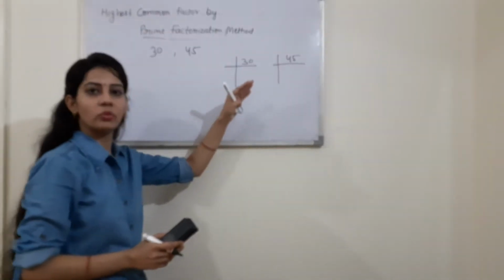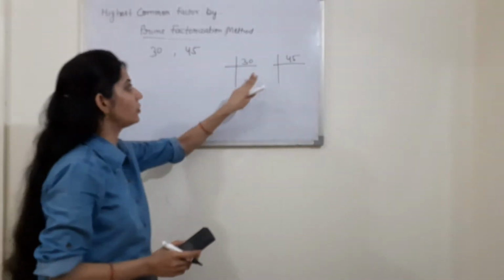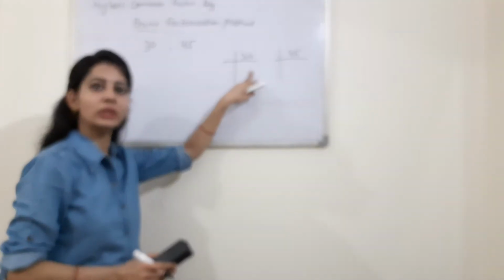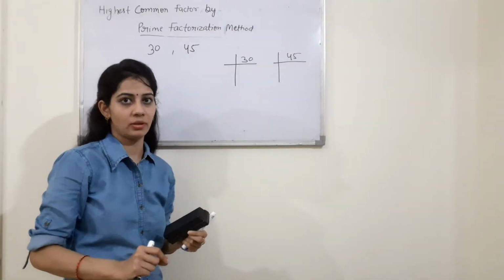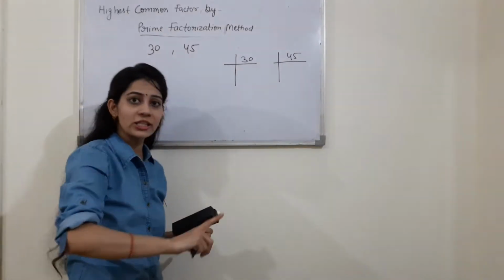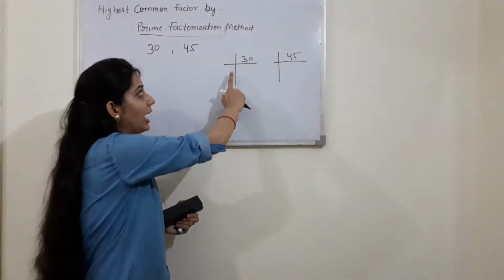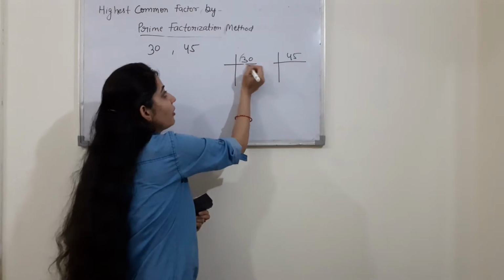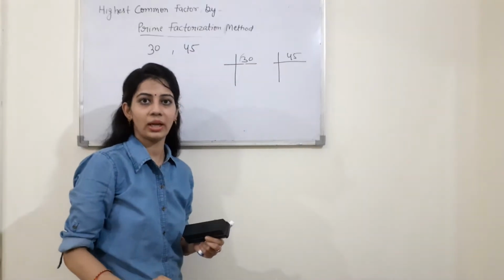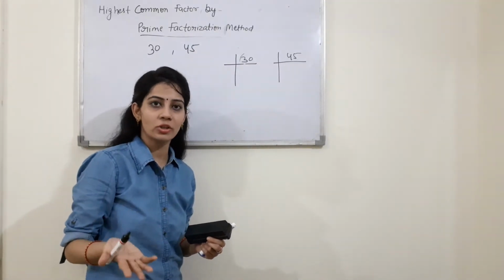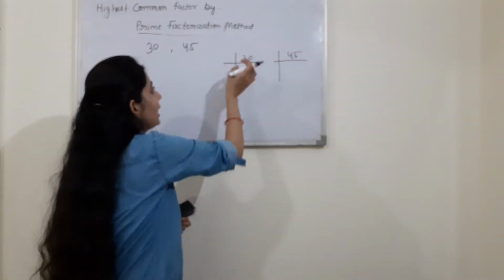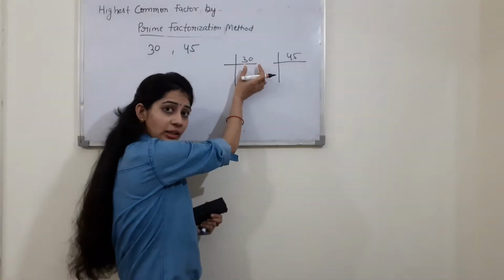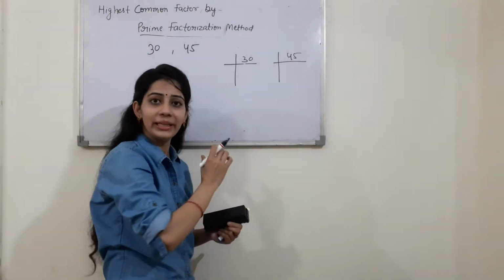Now start one by one. First we will see this number, that is your 30. Now we have to check which smallest prime number will divide this given number completely, okay. So we start with 2 because 2 is our first prime number. Now we will see whether 30 divides by 2 completely.